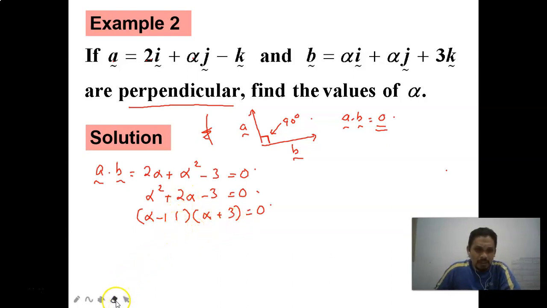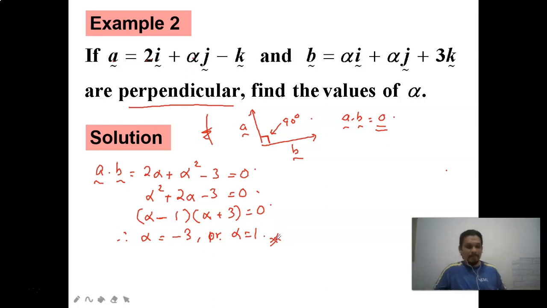So alpha minus 1 and alpha plus 3. Then the value of alpha equals negative 3 or 1. There you go.